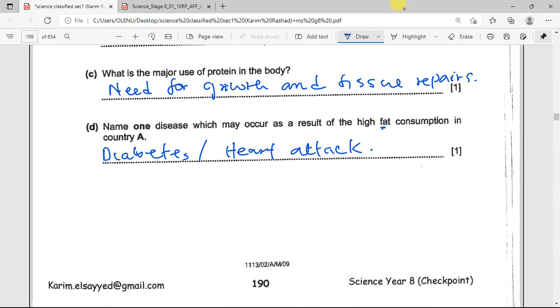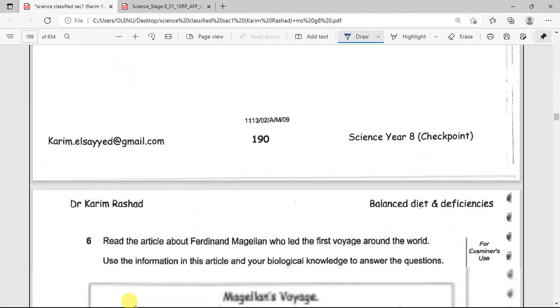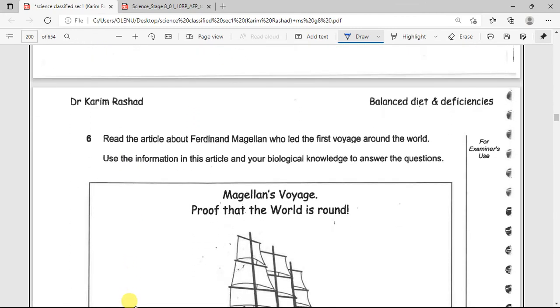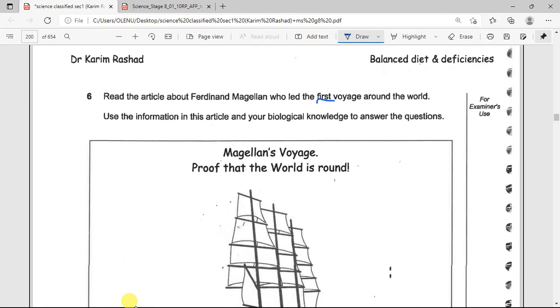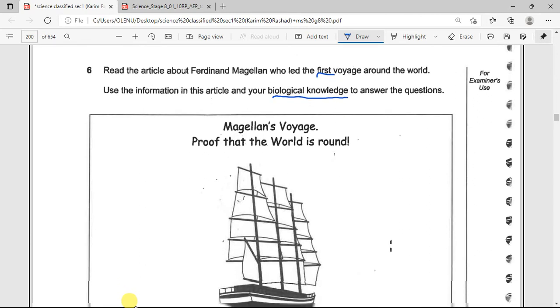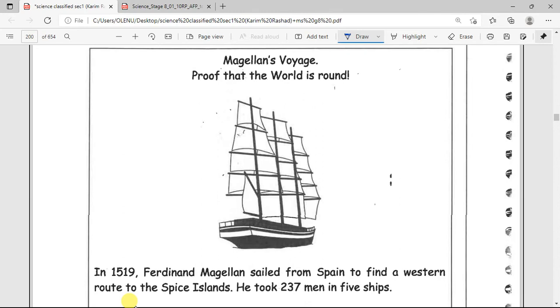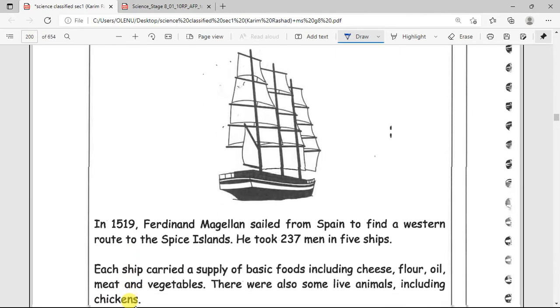Now, the next question is, read the article about Ferdinand Magellan, who led the first voyage around the world. Use the information in this article and your biological knowledge to answer the questions. So let's read it. Magellan's voyage proved that the world is round.